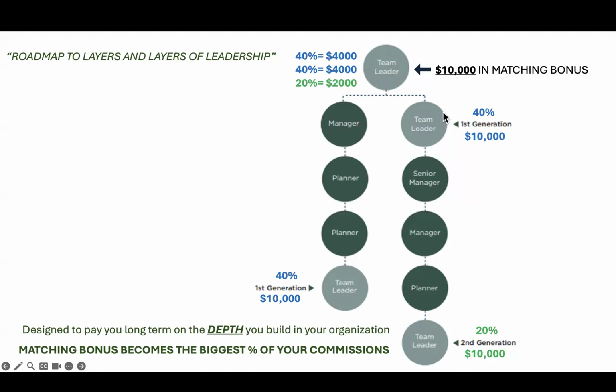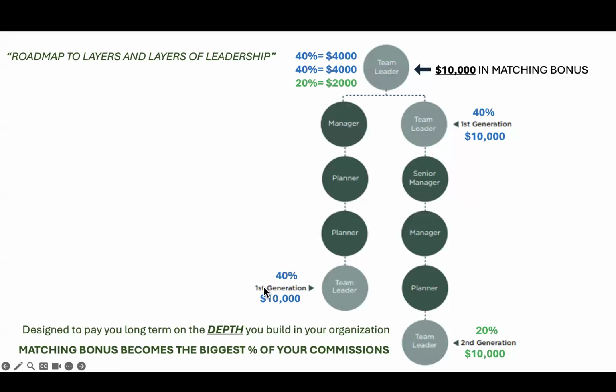So the best way I could put it is, based on their rebate, open group, retail sales, let's say your first generation team leader here generated $10,000 in commissions. Then if I'm getting 40% on my first generation, 40% of 10 grand, then I'm taking $4,000. Now let's just say over here, there's a manager, planner, up, but on the 4th level, this guy went team leader, but there's no other team leader in between us, right?